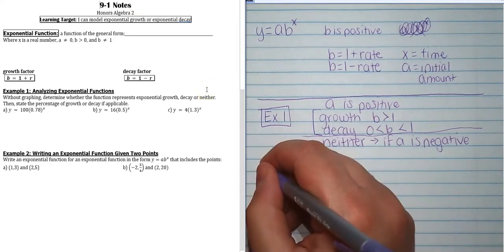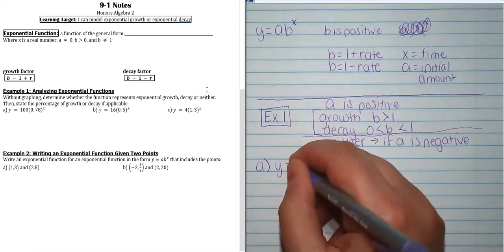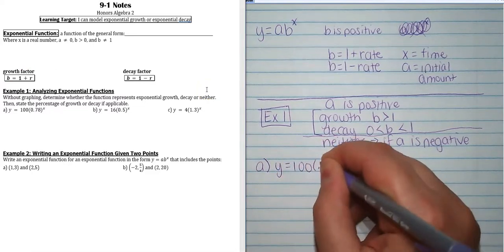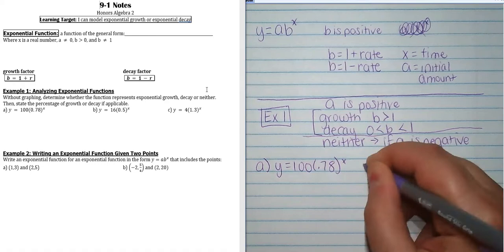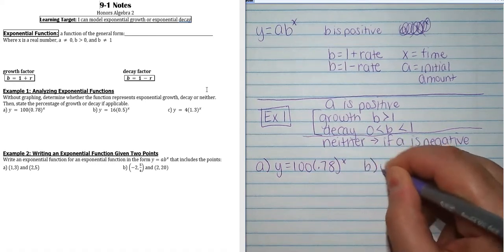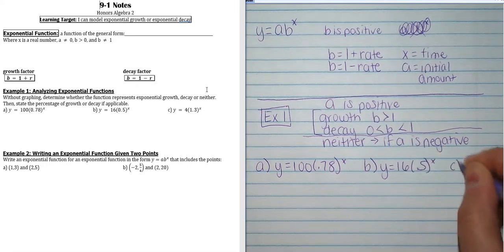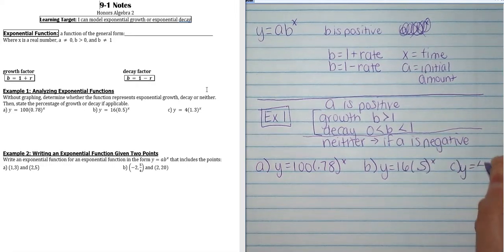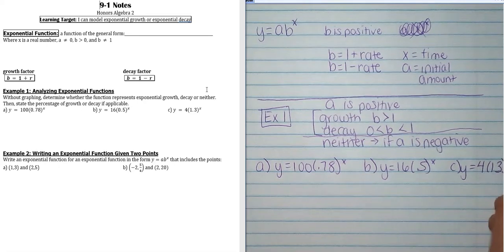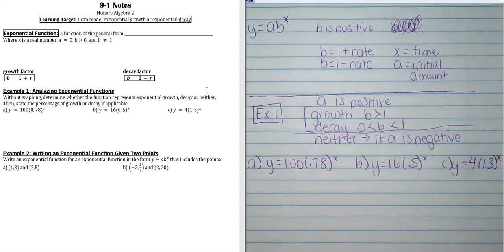Okay, so for my example 1, we're not going to run into that because all the a values there look like they're positive. And I'm just going to write these real quick. Y equals 16 times 1/2 to x, and the last one is y equals 4 times 1.3 to the x. Like that, hopefully we can see them.